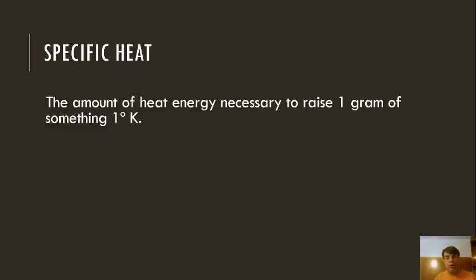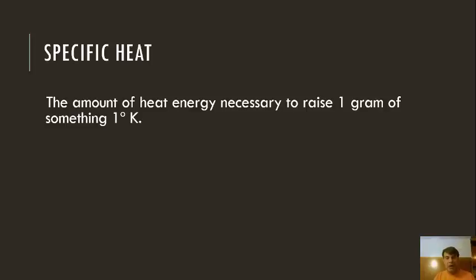And you can look it up. You can Google it online: what is the specific heat of water, or what is the specific heat of iron? And you can find out how much energy it takes to raise the temperature of 1 gram of that substance by 1 degree Kelvin or 1 degree Celsius.